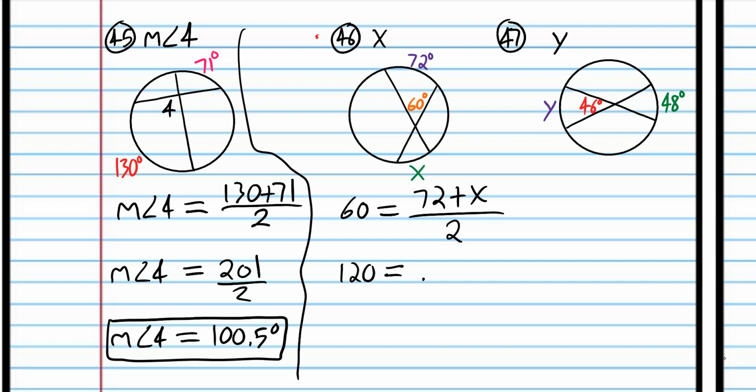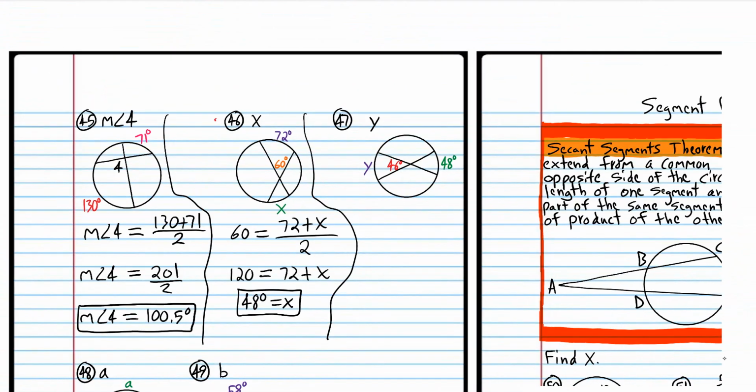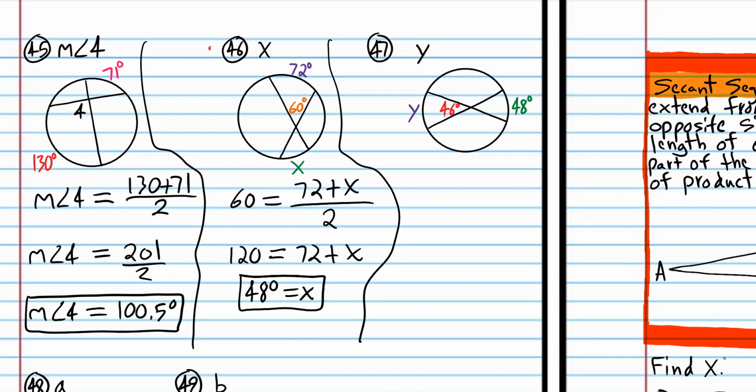We get 120 is equal to 72 plus x, and subtract 72 from 120, and we get 48 degrees. And there you go. So it's the same concept. We're just plugging in different values into the equation.